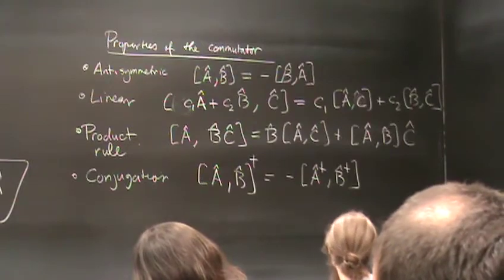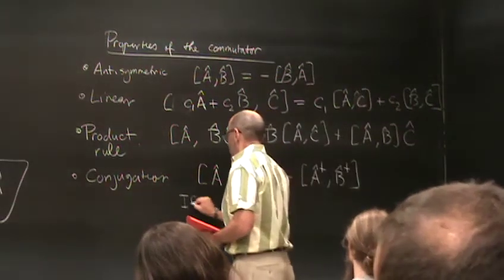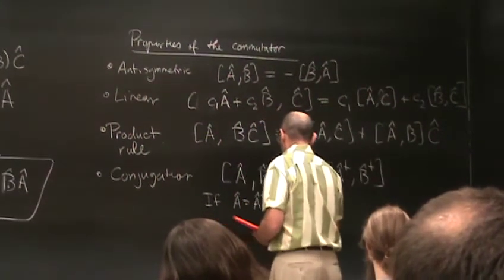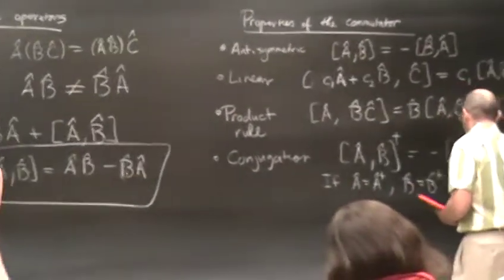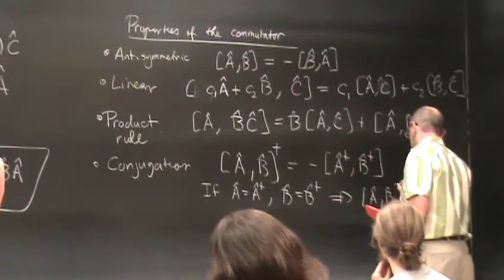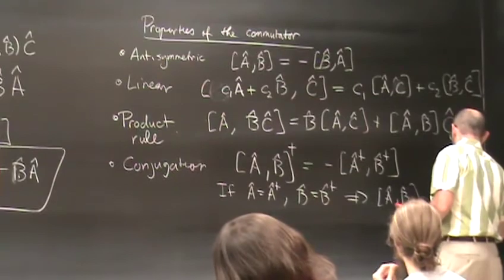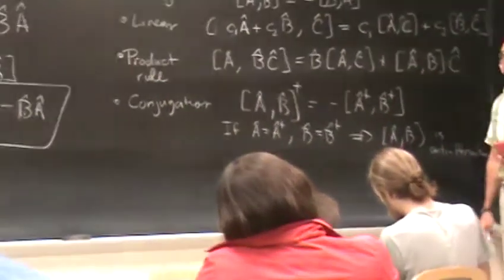Now, one thing we can say thus is that if A and B are Hermitian operators, then the commutator between them is anti-Hermitian. Right?